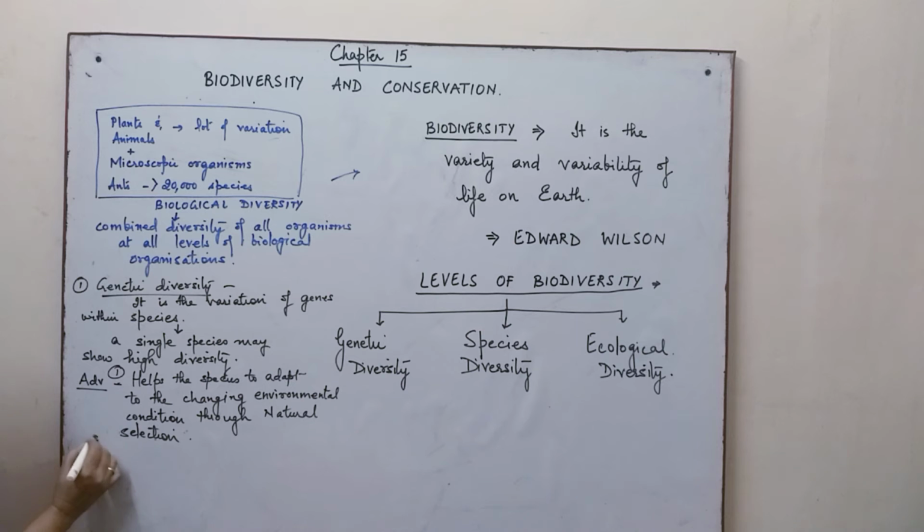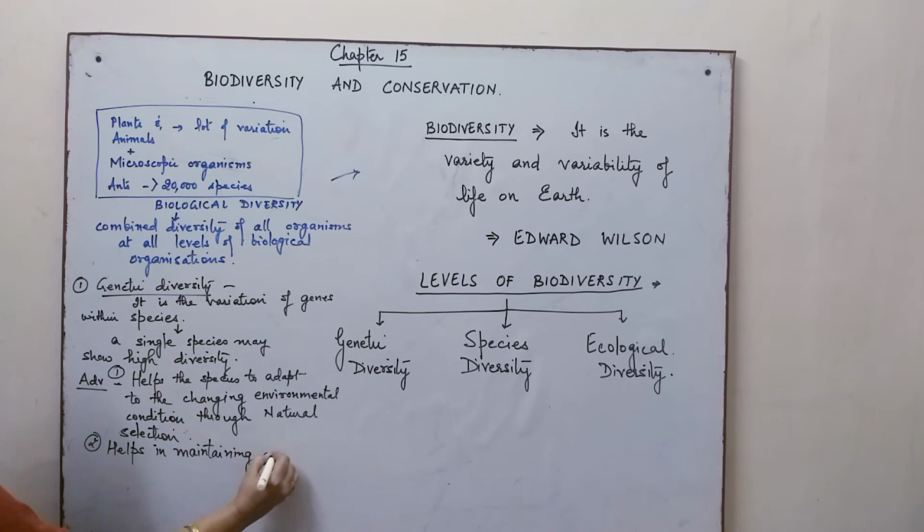Genetic diversity also helps in maintaining ecological balance. The reason being, the more the number of species, the diversity obviously will be higher, and also the ecological balance will be maintained.